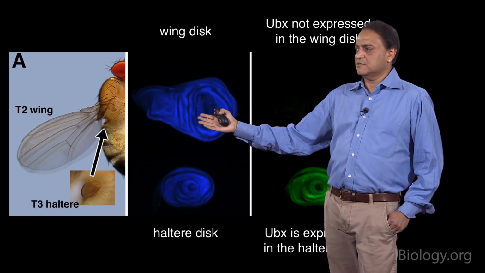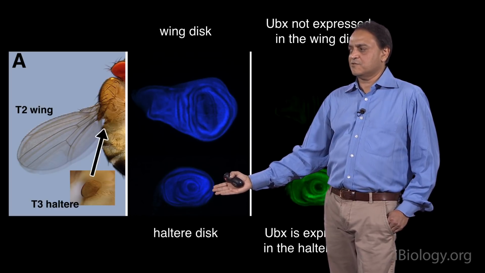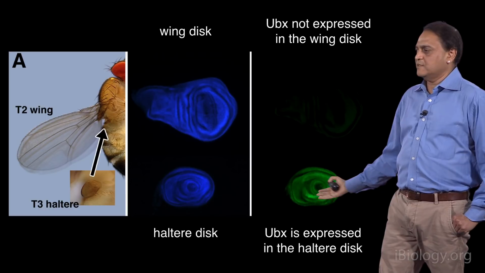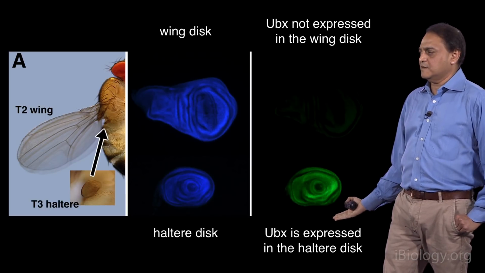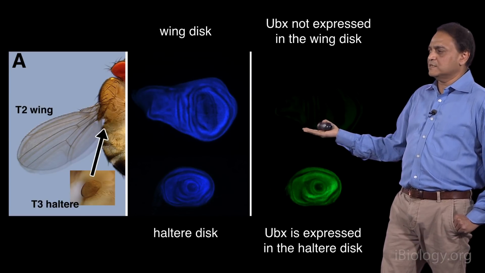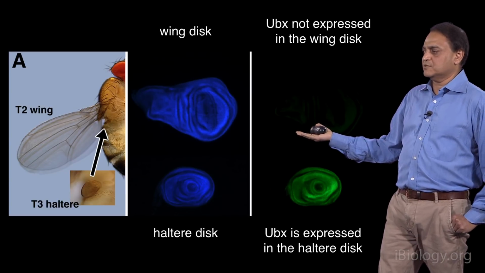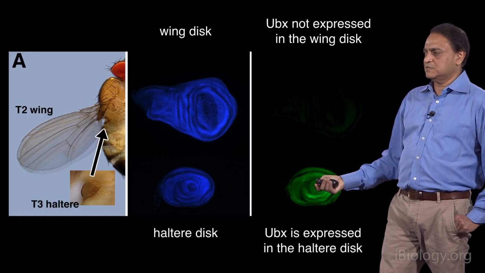The wing disc is located in the second thoracic segment, and the halter disc is located in the third thoracic segment. So in keeping with that, UBX is expressed in the third thoracic segment, so what you see is that the halter disc is expressing UBX, shown in green here, but the wing disc proper is not expressing UBX. And so it's that difference that actually sets the difference between T2 and T3.